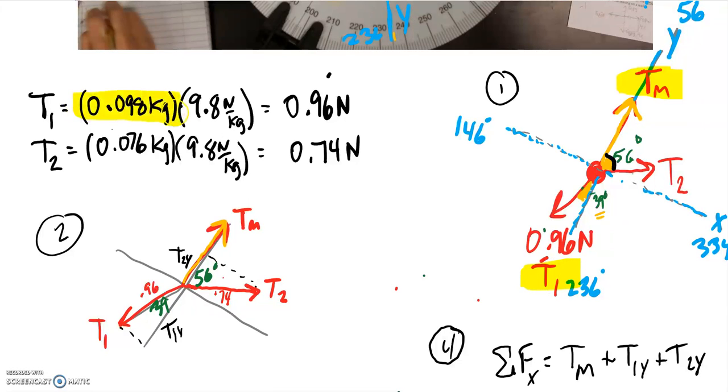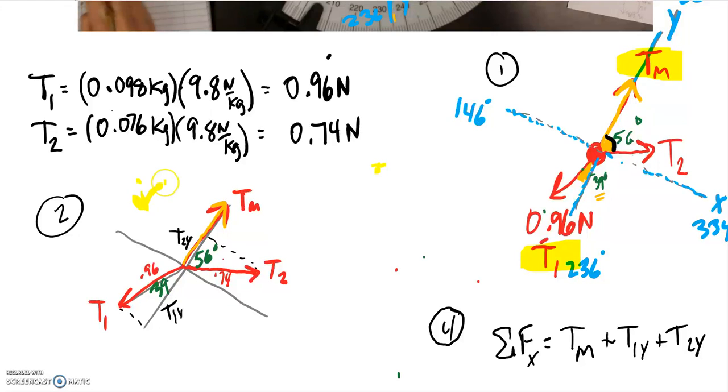Calculate tension T1. I take the mass that's hanging in kilograms, very important to convert the grams to kilograms, multiply it by g on Earth, 9.8 newtons per kilogram. So that's my tension force T1, and T2 is that amount of mass hanging times g, and so that's the tension force on T2. So I have another diagram here, and I label tension 1 with its value, tension 2 with its value that I just calculated, and those are the hypotenuse of two triangles you should see there.